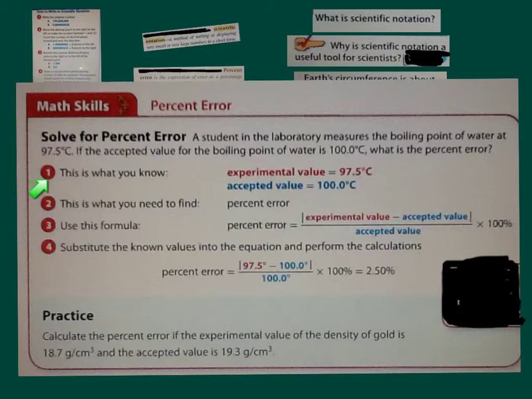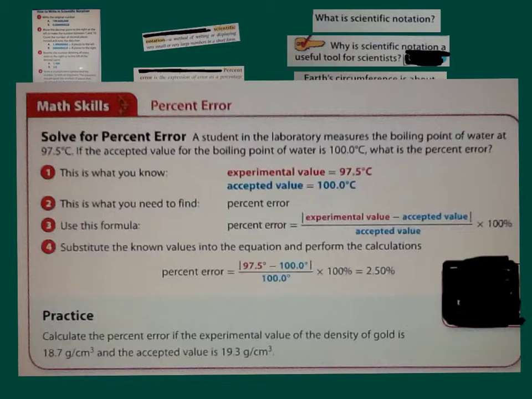We're going to follow the steps. Number 1, this is what you know. You've already been told that your experiment showed the value of 97.5 degrees Celsius, but we know the accepted value is 100 degrees Celsius. So those are the two things that you know.